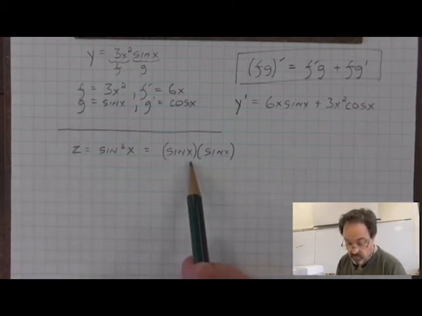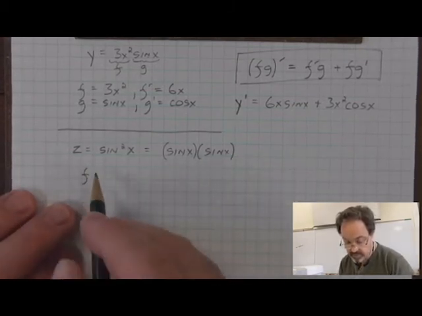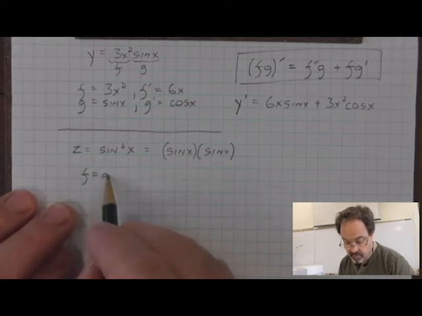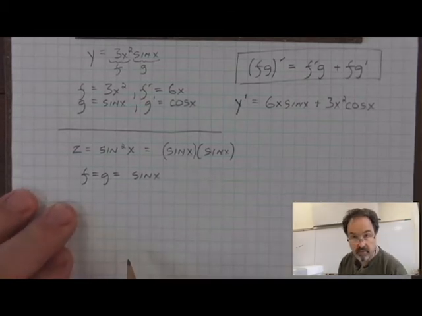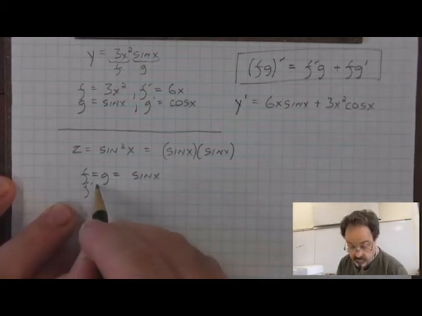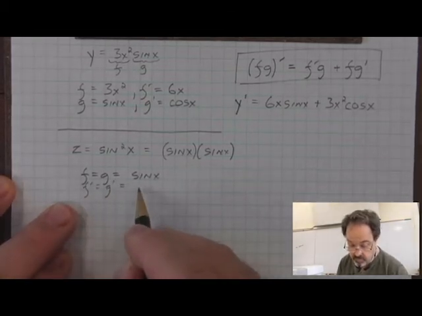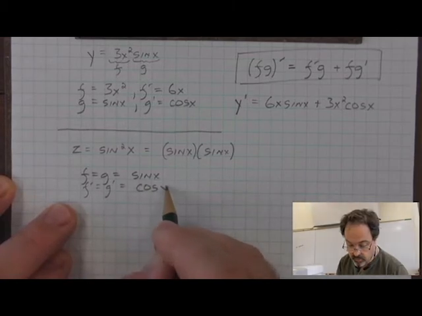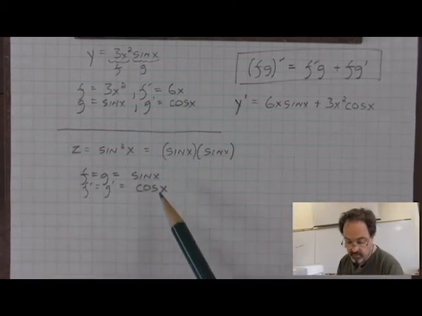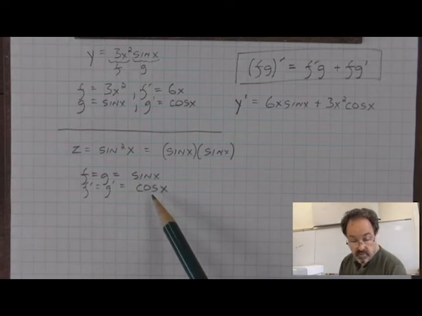We can use the product rule on this, but in this case, f and g are the same function, sine of x. And so their derivatives are going to be equal as well. And we are reminded from the first problem that the derivative of sine is cosine.